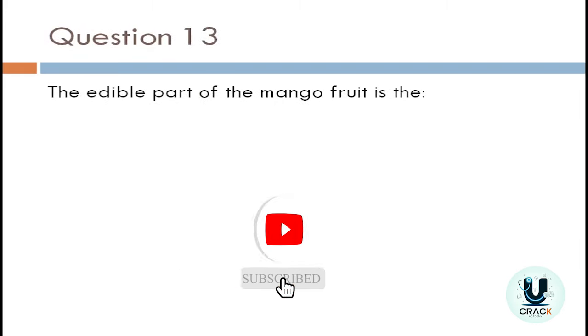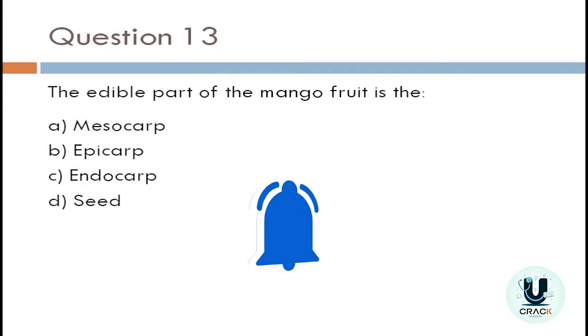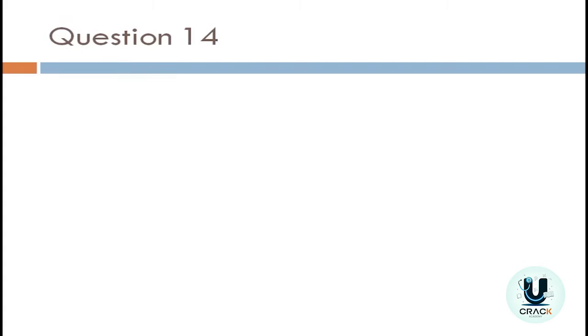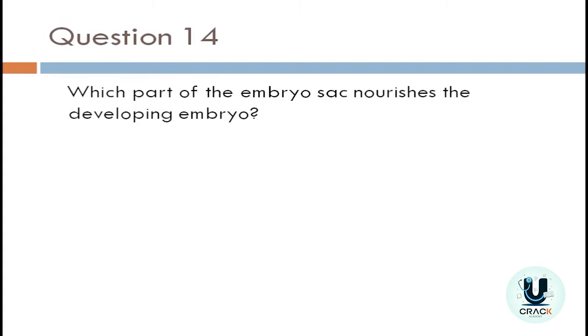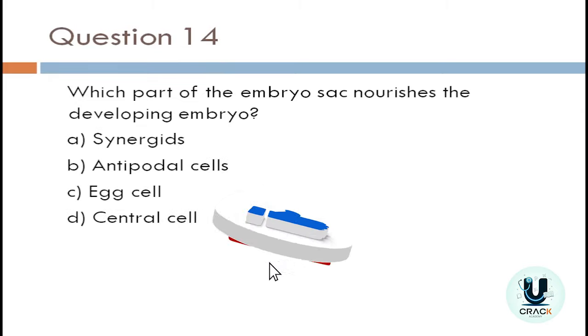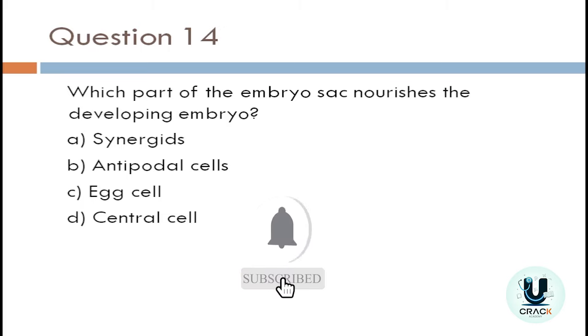Question number 13. The edible part of the mango fruit is the: mesocarp, epicarp, endocarp, seed. Answer: mesocarp. Question number 14. Which part of the embryo sac nourishes the developing embryo? Options: synergids, antipodal cells, egg cells, central cell.